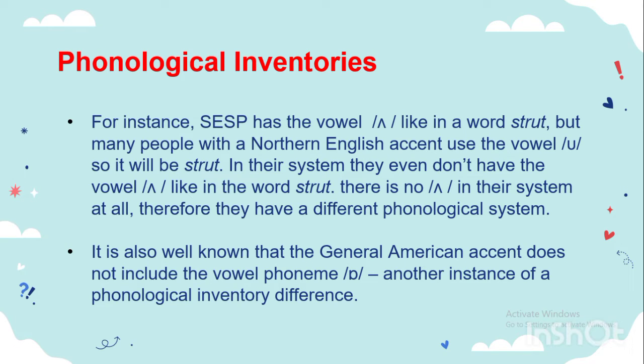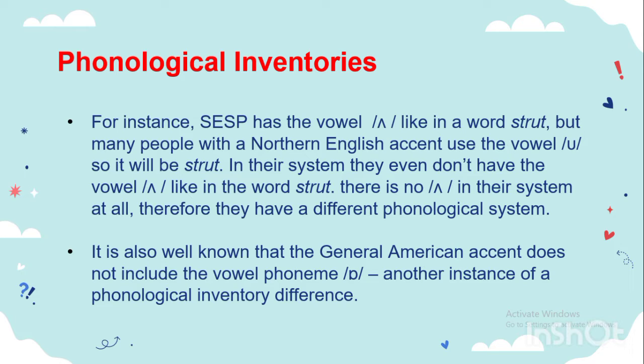First, phonological inventories. For instance, SESP, or Southern England Standard Pronunciation, has the vowel /ʌ/, like in the word strut. But many people with a Northern English accent use the vowel /ʊ/, so it will be strut.